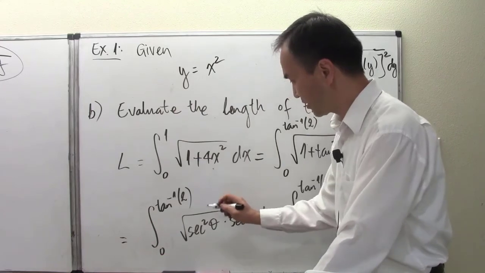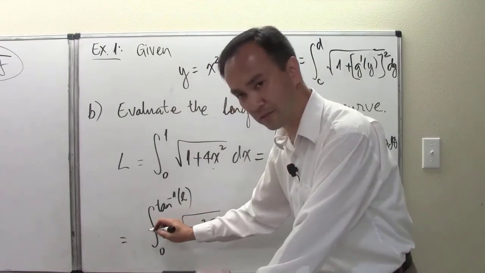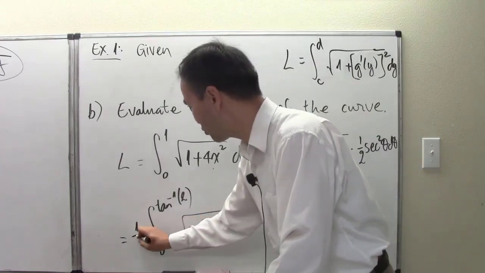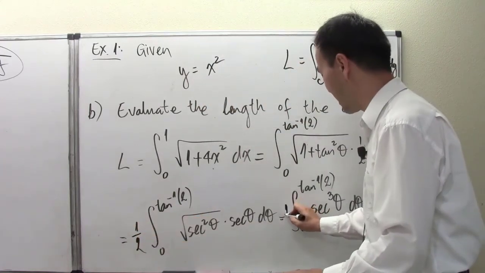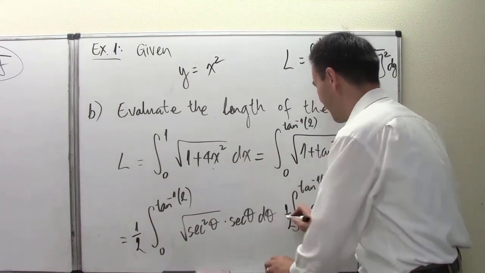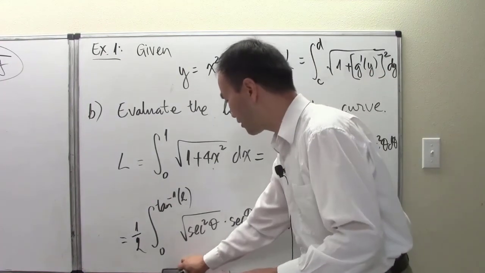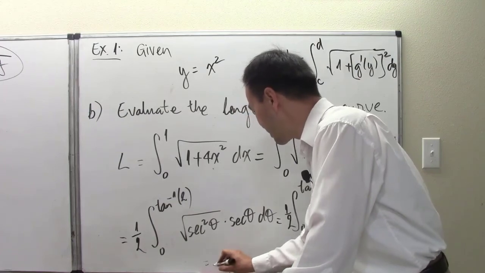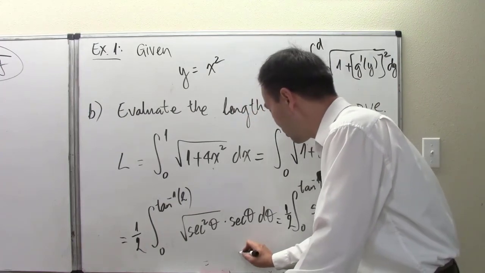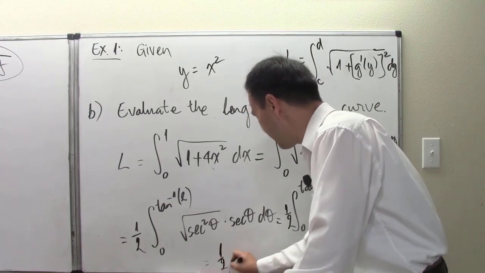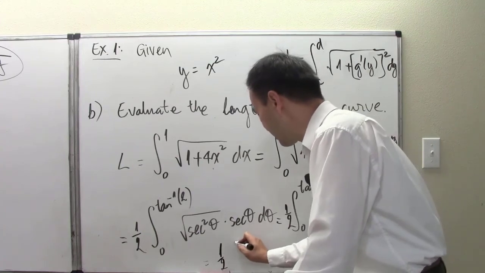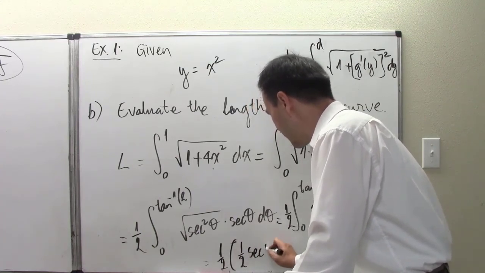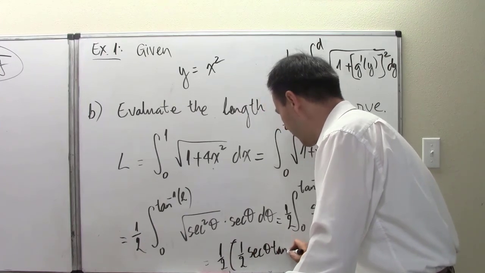All right, and I just now realized, by looking back at my notes right here at the step, that I missed that 1/2 in front. So the integral for secant cube is going to be 1/2 secant theta tangent theta.